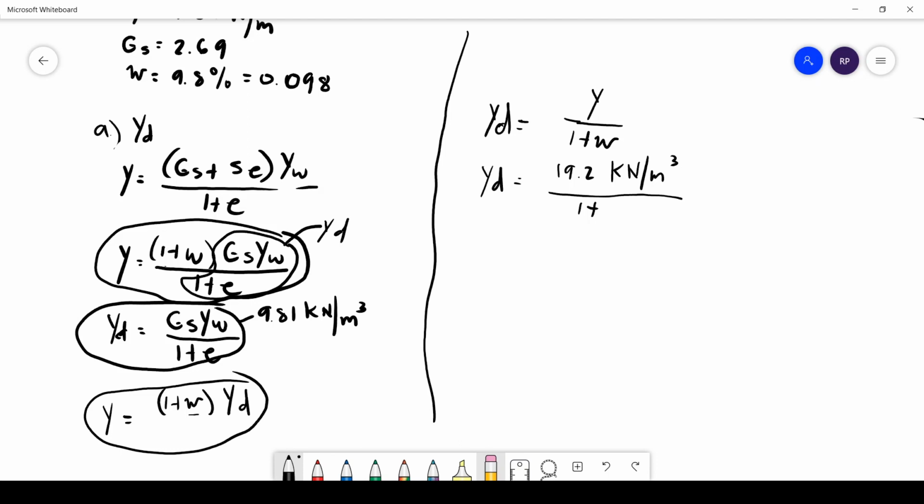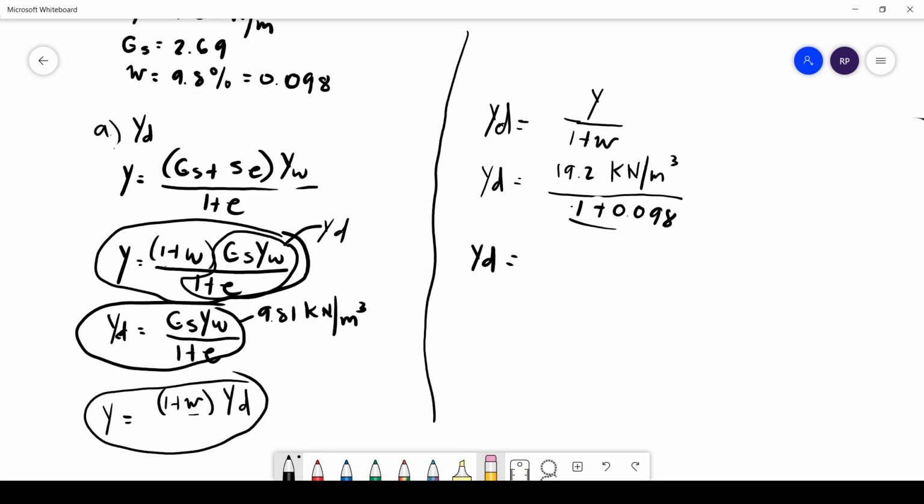Also with your moisture content, we use the values in decimal. One plus 0.098.